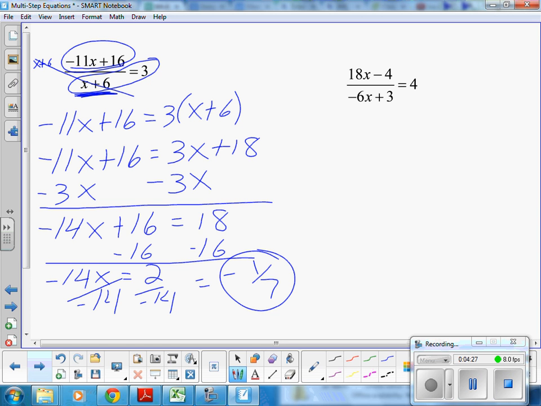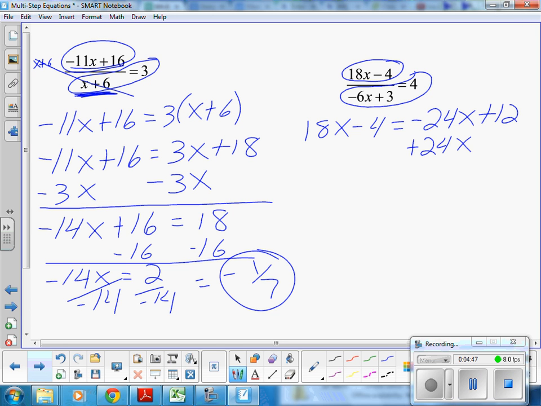I'm going to write this a little quicker. I'm going to write this first. 18x minus 4 equals, and I'm going to multiply this out. Negative 24x plus 12. I have variables on both sides. I'm going to choose to get rid of the variable on the right side. When I do that, 42x minus 4 is equal to 12.